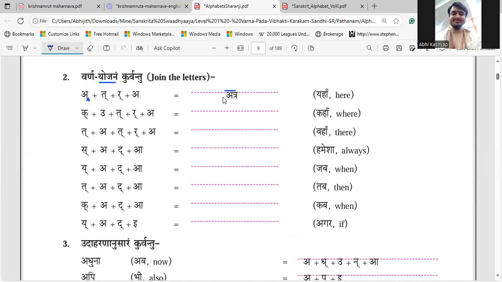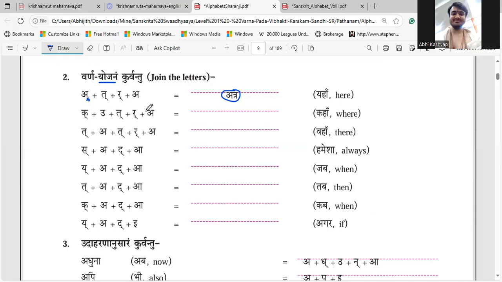When we get the word atra, wherever in Sanskritam we say atra, it means here. So we can use this in conversations. We will move on to conversations a little more.